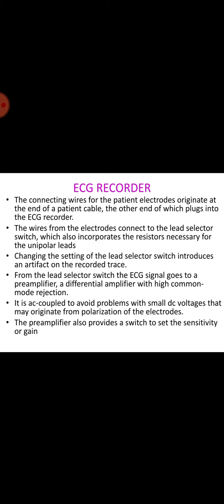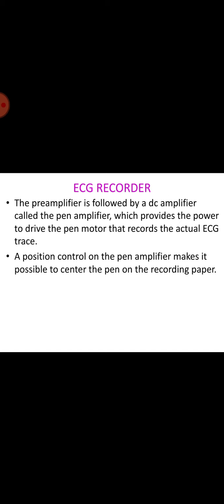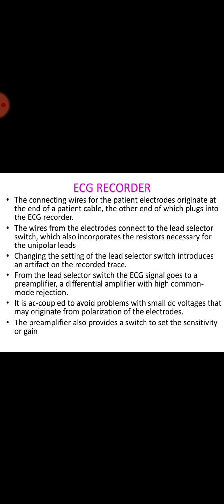The patient cable connects different leads from the limbs and chest to the defibrillator protection circuits. The defibrillator protection circuit consists of a buffer amplifier and an over voltage protection circuit. The leads are connected with the buffer amplifier such that there is one buffer amplifier for each patient lead. The over voltage protection circuit is necessary to avoid any damage to the bioamplifiers and recorders.